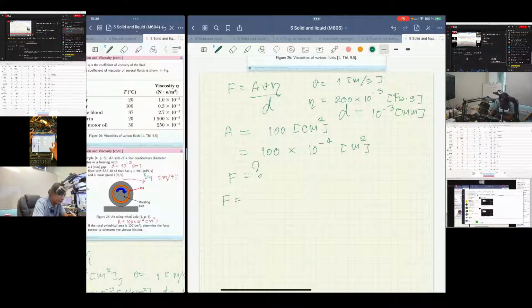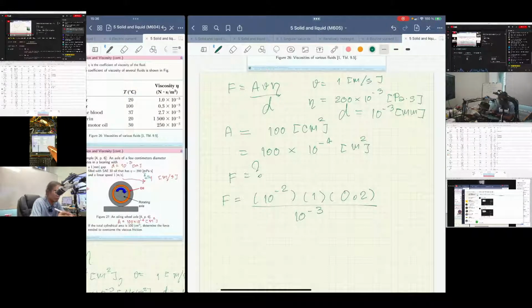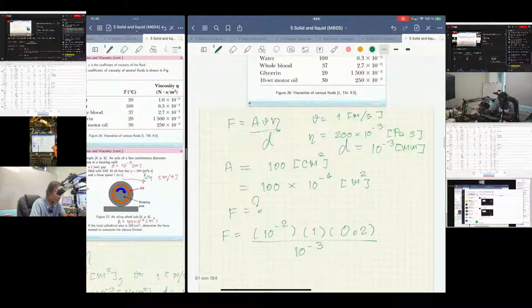F is equal to A, which is 10 raised to negative 2, and V is velocity 1 meter per second, and eta is 0.2, divided by the distance d, which is 10 raised to negative 3. 1 millimeter is 10 raised to negative 3 meter, right?